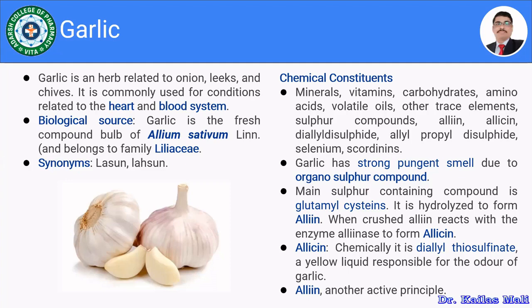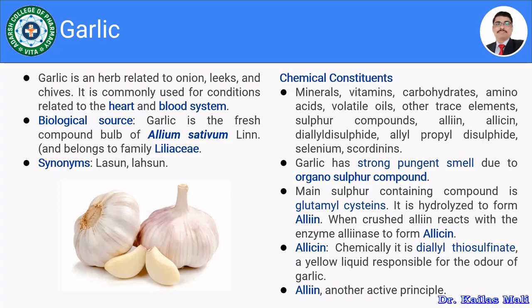So garlic is the fresh compound bulb of Allium sativum, belonging to family Liliaceae. So the biological source of garlic is a fresh compound bulb of Allium sativum belonging to family Liliaceae. The synonym for garlic is Lasun.